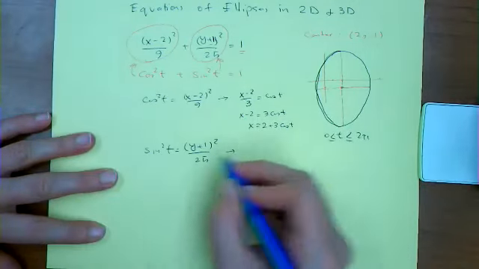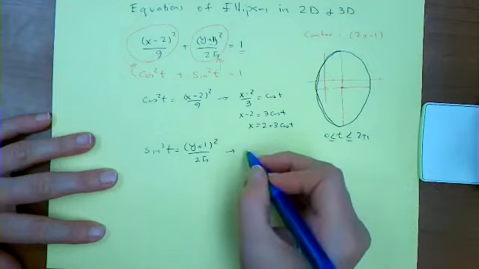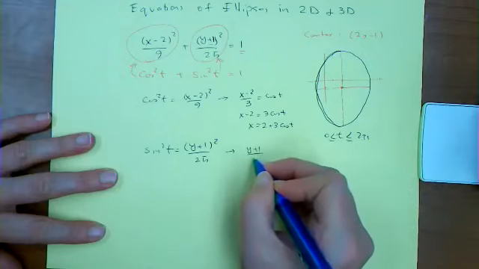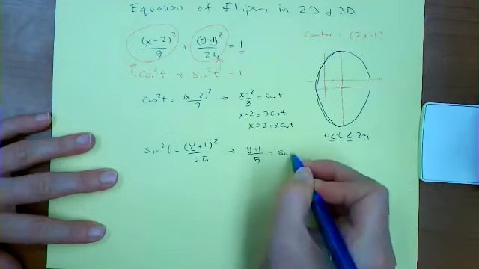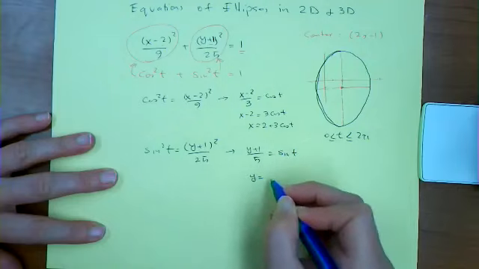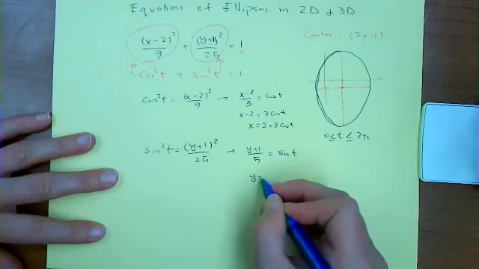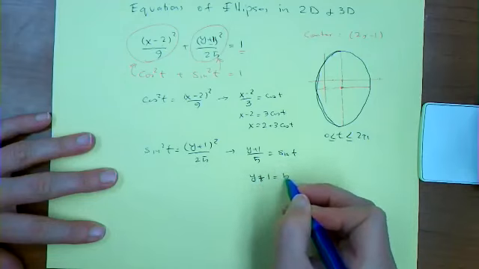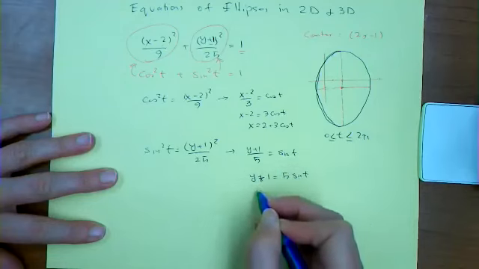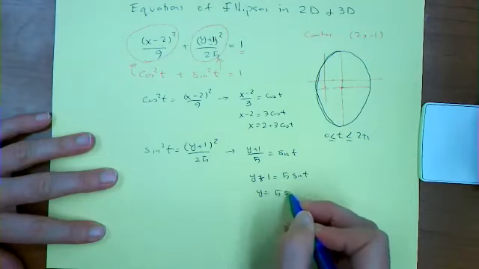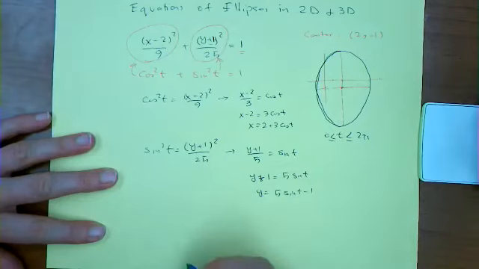Over here, if I take the square root again with that same argument, (y + 1) / 5 equal to sine t. So y + 1 equal to 5 sine t, then y is equal to 5 sine t - 1.